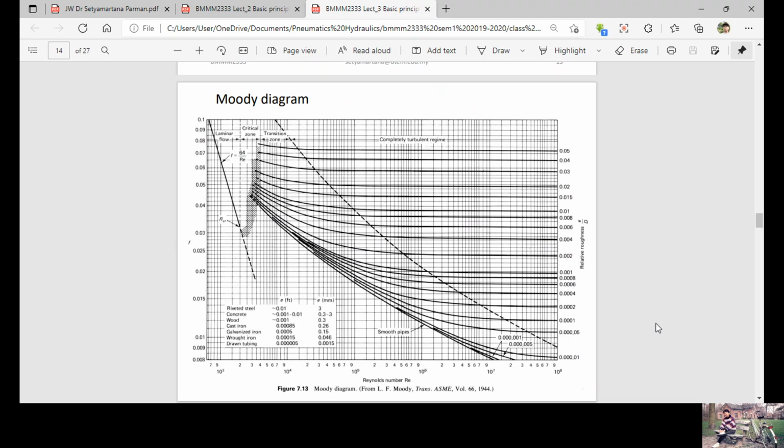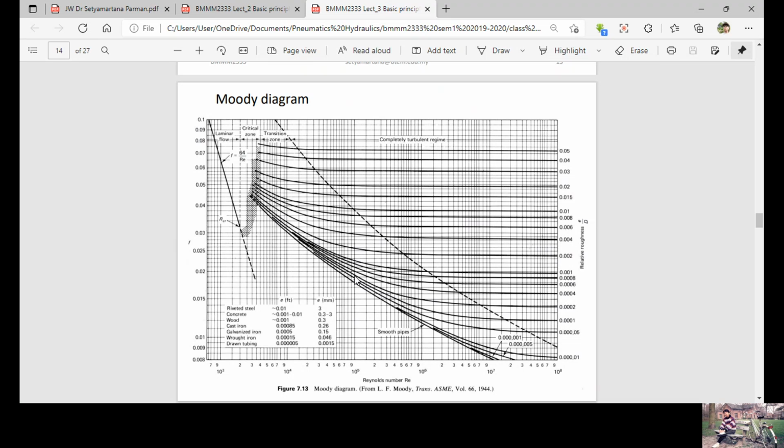So if the relative roughness is 0.02 and the Reynolds number is 10 to the power 5, we can follow this line, and then here is 10 to the power 5 Reynolds number.